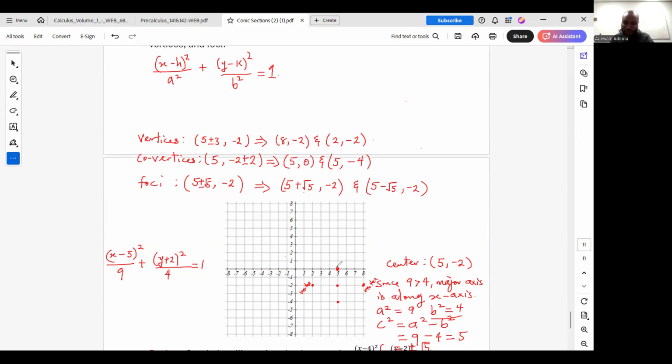What of foci? 5 plus something that is more than 2 but less than 3, so that will be between 7 and 8, here, with y negative 2. And then 5 minus something that is more than 2 but less than 3, so that is going to be somewhere here, and we have it.